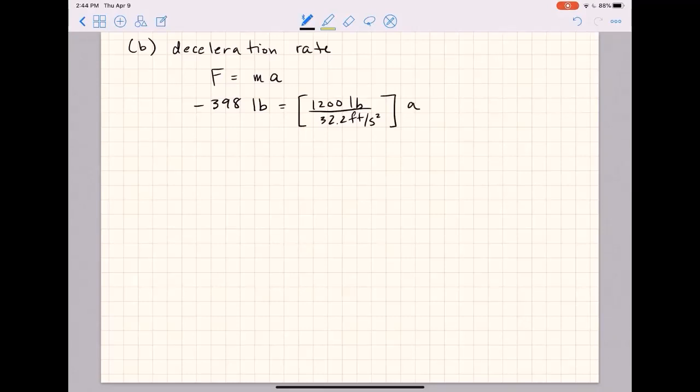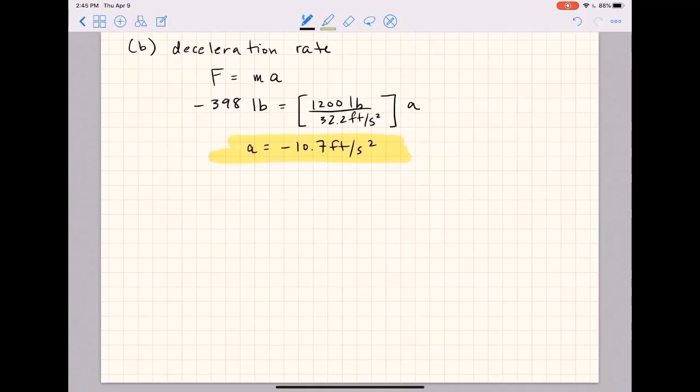So when I divide 398 by that 1,200 over 32.2, you get a equal to negative 10.7 feet per second squared. And again, a negative value just indicates that it would be to the left.